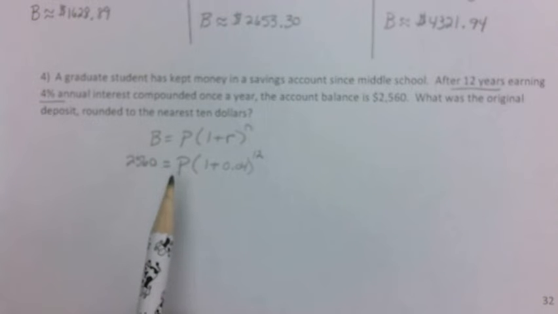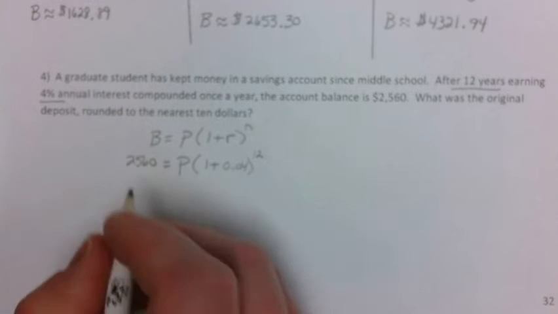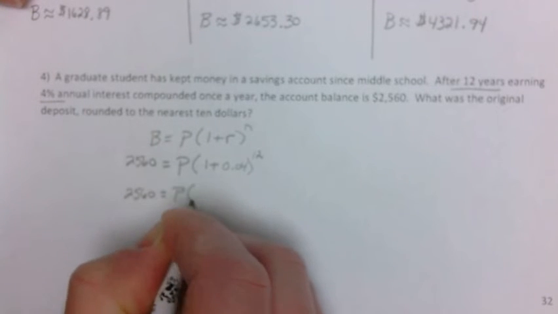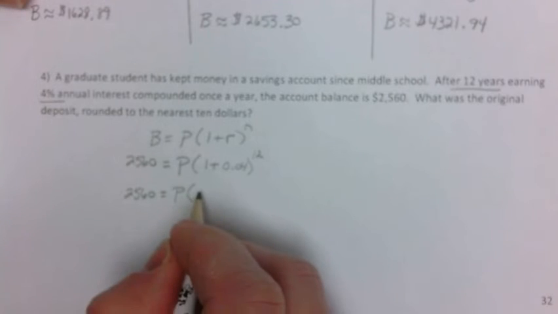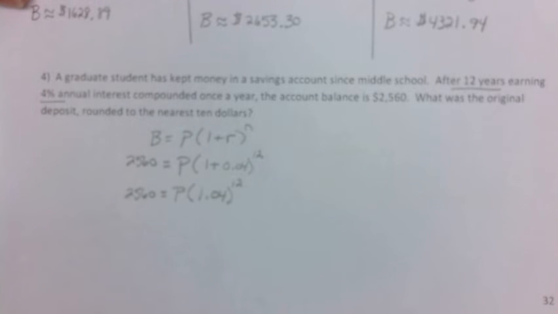We'll start out by using order of operations, which means I need to do what's in the parentheses first. So I'm going to have 2,560 equals P times 1 plus 4/100ths is just 1 and 4/100ths raised to the 12th power.